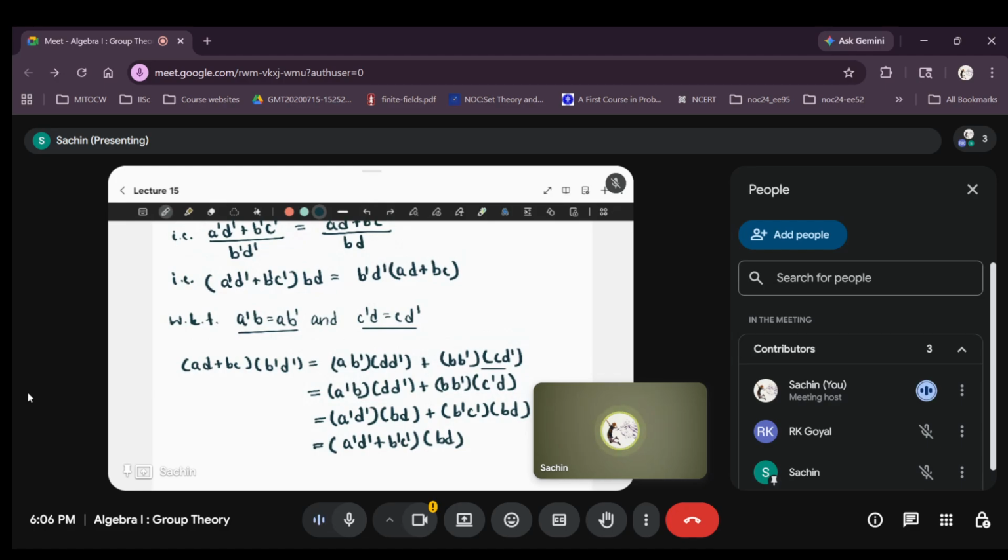So addition is a well-defined operation when you consider this addition of equivalence classes. The result does not change when you change the representative for your equivalence class.